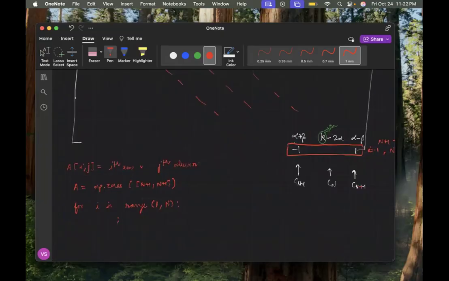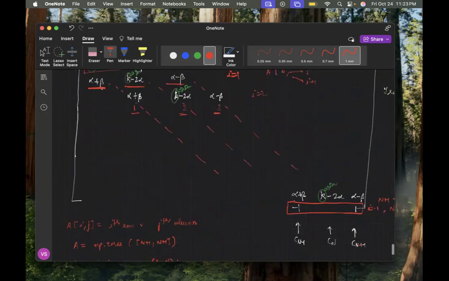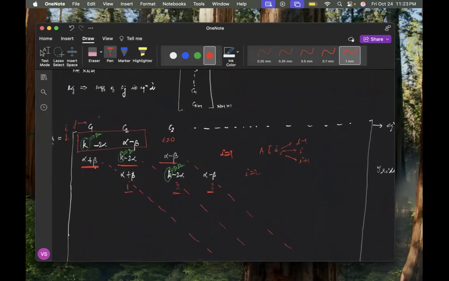And then you can say A[i, i minus 1] is this, A[i, i] is this, A[i, i plus 1] is this. Now remember, whenever you have a tridiagonal matrix, whenever you have the kind of equations that we solved, any second order differential equation, if you're solving using finite differences, other than the boundaries, you'll always end up getting a tridiagonal matrix.